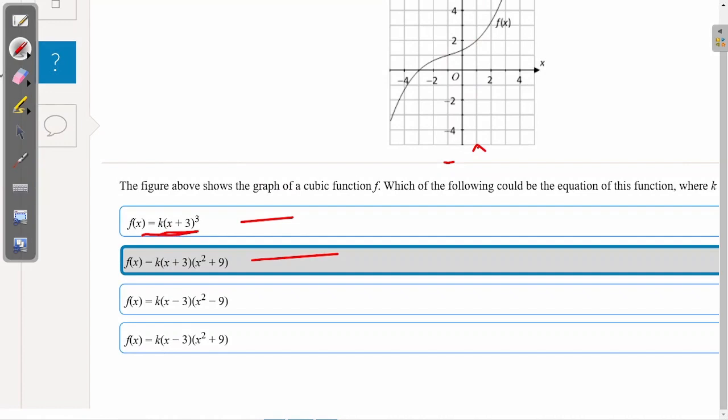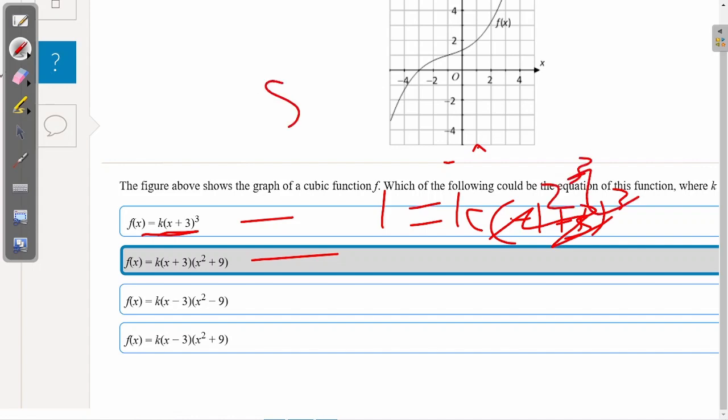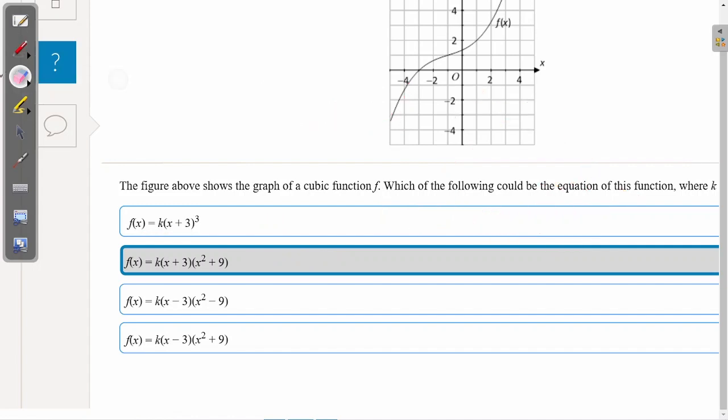-1, 1, so 1 equals k times -1 plus 3 cubed. That will be 2 cubed, which is 8, so 8k equals 1. K equals 1 over 8. Okay, we got k equals 1 over 8. Now, if we substitute this equation with 1, 2, we should get 1 over 8 if it's correct.